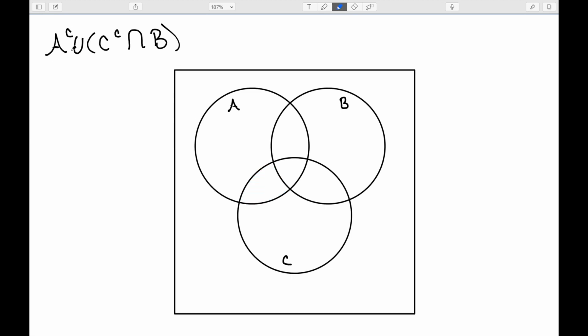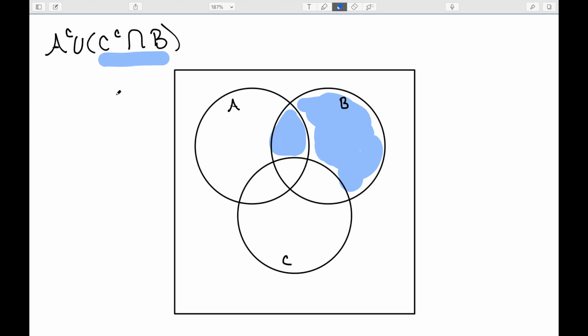Now let's look at A complement union C complement, intersect B. So let's start with parentheses. I need everything that is both not in C and also in B. So it needs to be in B, but it cannot be in C. So these two pieces here.